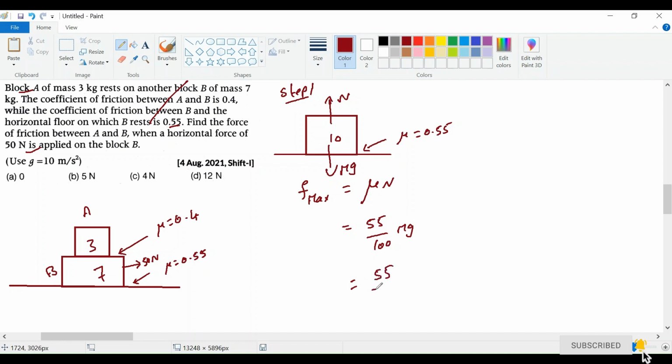So 55 by 100, mass is 10, g is 10, the 100 cancels. The minimum force required to move the block is 50 Newton, but the applied force is 50 Newton, which means the two blocks are at rest. When the blocks are at rest, the friction between them is zero. Option A is the correct answer.